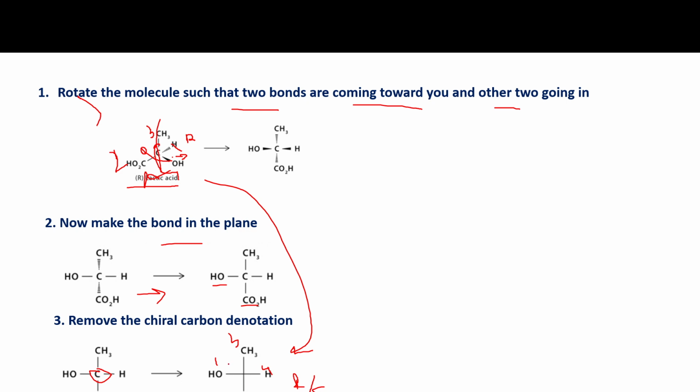So now you have to rotate. How do you rotate? 1 2 3. You rotate 1 2 3, and your fourth priority in the Fischer projection is horizontal.